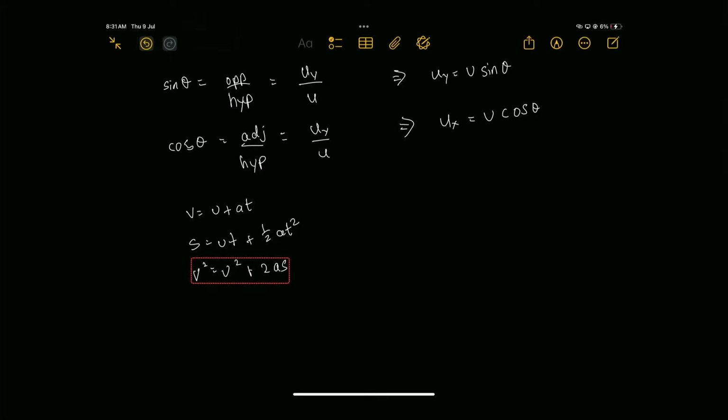Now for the horizontal component, a is equal to 0, right? There's no force acting horizontally on the ball. We are ignoring wind, right? As seen in the question. And this is for the horizontal component, which means the equations I just wrote: v is u plus at, s is ut plus a half at squared, etc.